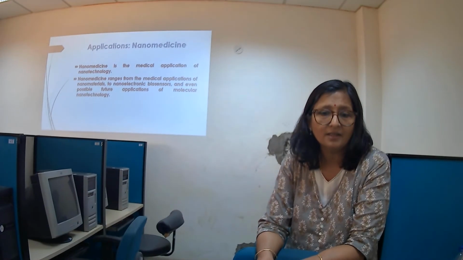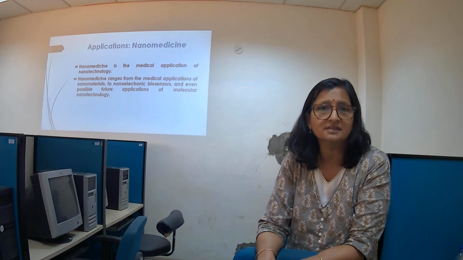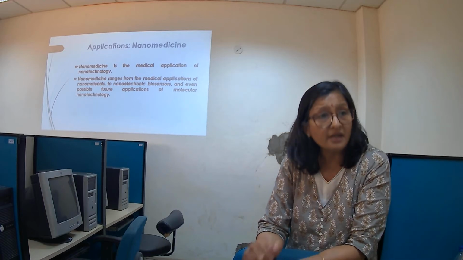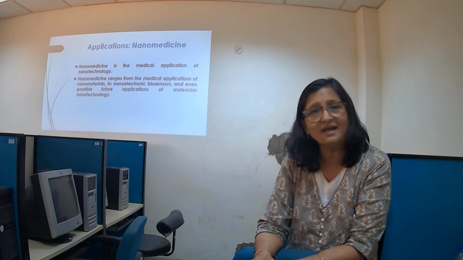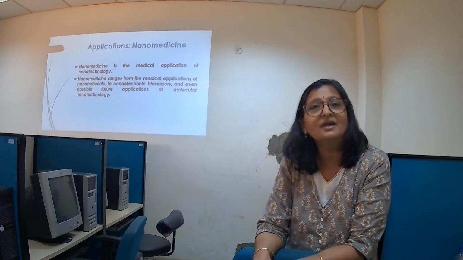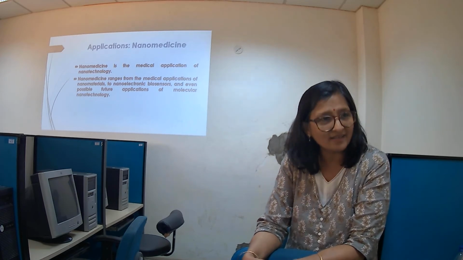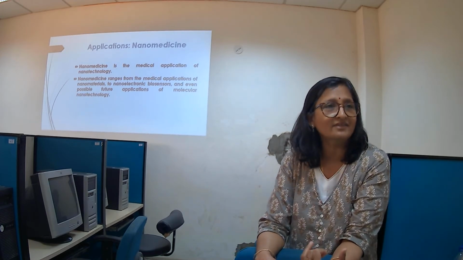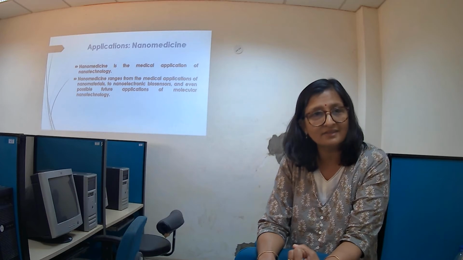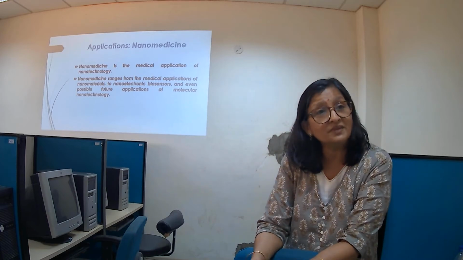Then the second one is the targeted drug delivery system. You must have studied about that. Targeted drug delivery systems are systems which release the drug at the target site. So nanotechnology again helps. How? We use nano carriers. Nano carriers can provide you a controlled drug delivery system, and they can provide you a targeted drug delivery system. Now, what is the difference between these two?